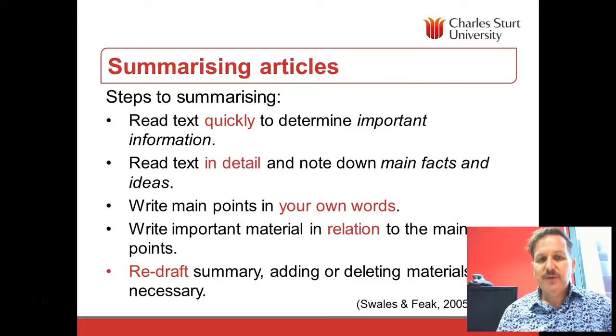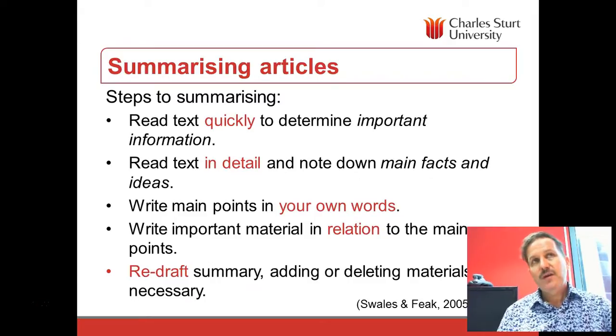So summarize your reading. So here are some tips on summarizing the articles that you read. Read them quickly to determine the important information. Remember, there's always many more articles than we can actually read.